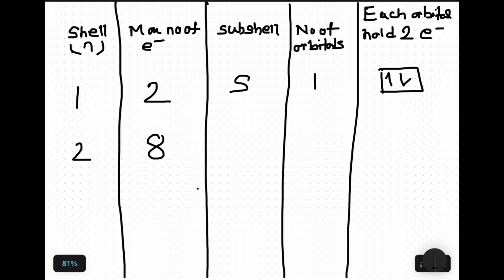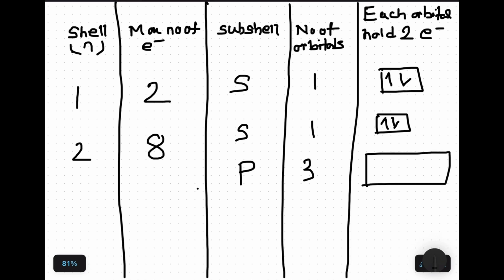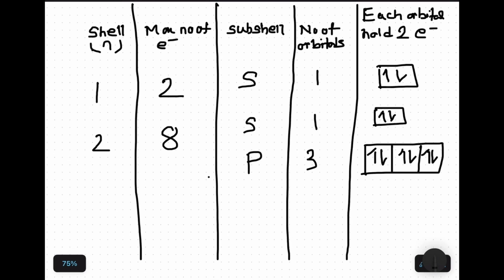Here the possible subcells are S and P. And for the S subcell, the number of orbitals is 1, and for P it is 3, right? So this is 1 orbital for the S subcell, and this P has 3 orbitals, 2 electrons in each orbital, and the maximum number of electrons is 6.